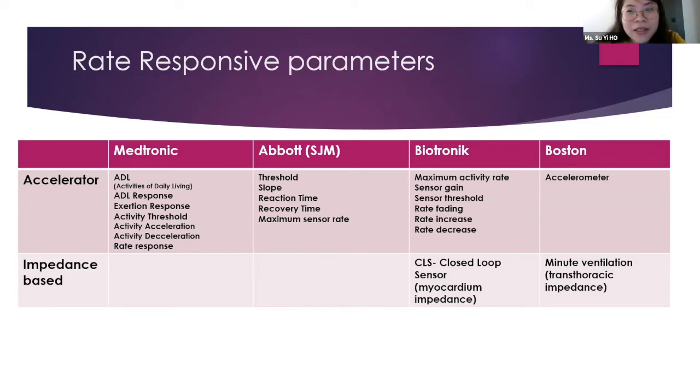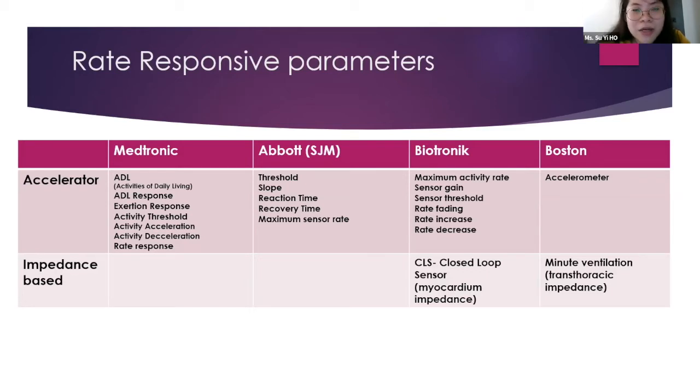One is via the activity sensor, which is the accelerometer, and the other one is lead impedance based. So the first one, activity sensor, will offer a rapid response to exercise when the movement is assessed through body vibrations or movement. They can also be further adjusted to make it more responsive or less responsive according to the patient's needs.